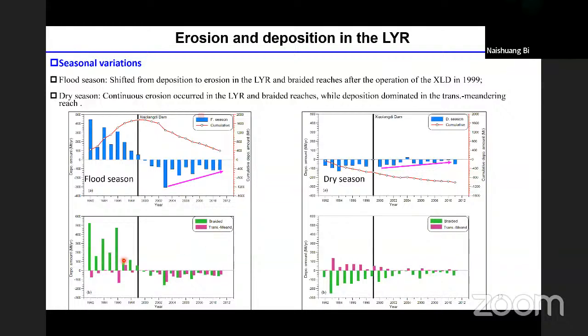Braided reaches are similar to the whole lower reaches, but the transitional and meandering reaches are mainly dominated by erosion in flood season. In dry season, continuous erosion occurred in the lower Yellow River and also the braided reaches, whereas deposition dominates in the transitional and meandering reaches. But the value has decreased at the same time.